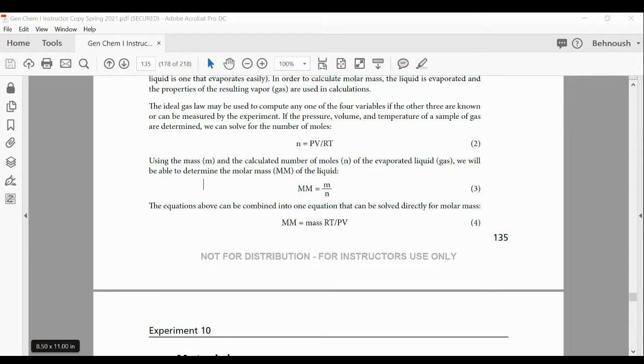Any other response? Sahar, Sonia, Ashley, Leah? What do you record for pressure? How do you measure the pressure? Because we need the pressure, we need the volume, we need temperature.